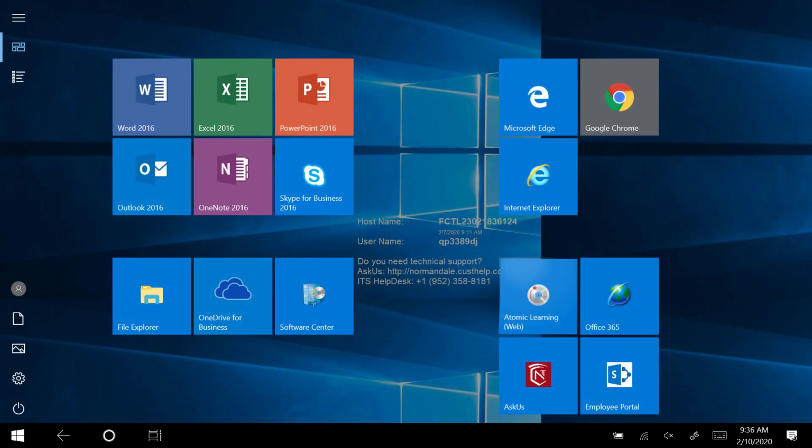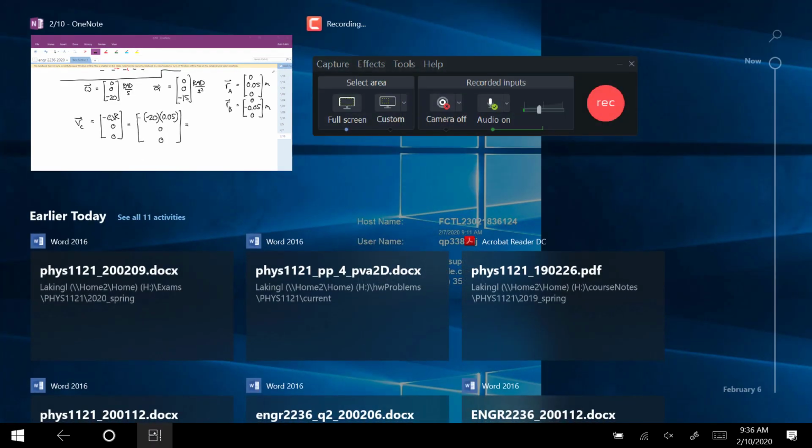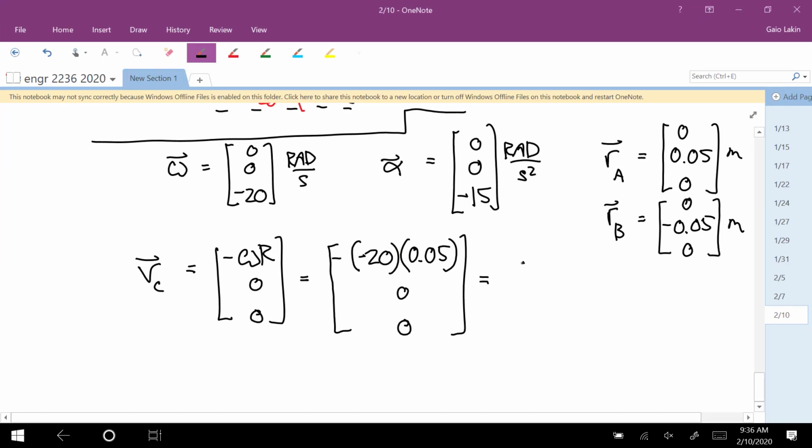And so that is 1, 0, 0. This only applies when you say velocity of C that's relative. If that's not given explicitly, then it's always relative to the ground.